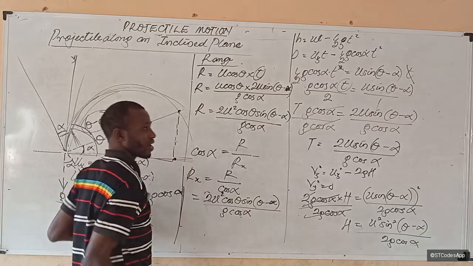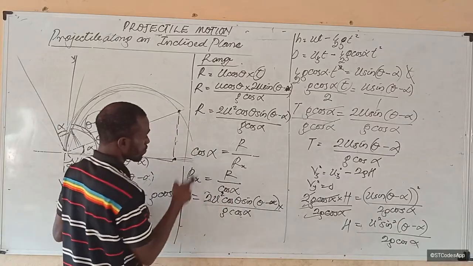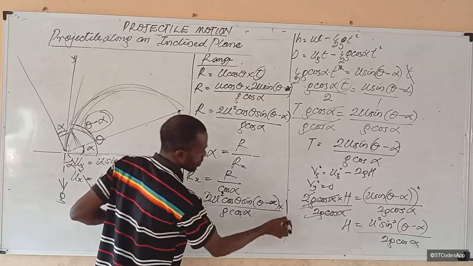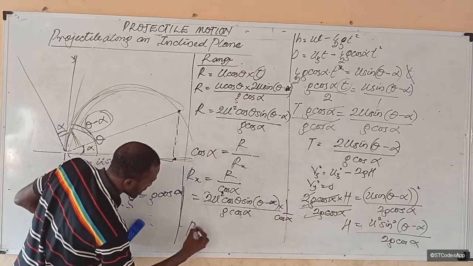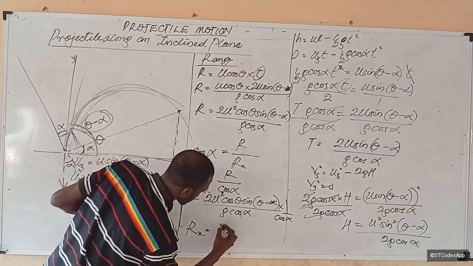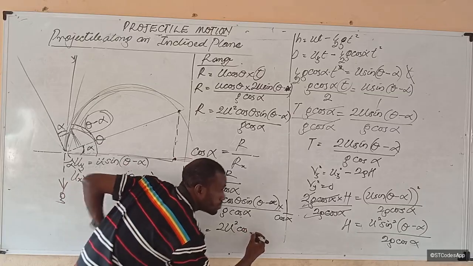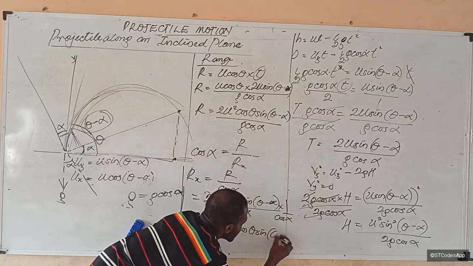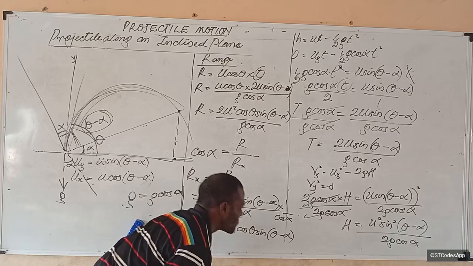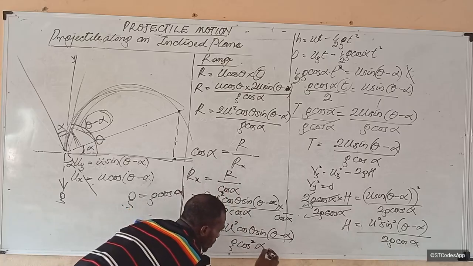Now, over cos phi just means times 1 over cos phi. So cos phi multiplied by cos phi, then our range x will be equal to 2u squared cos theta sine theta minus alpha over g cos squared alpha.